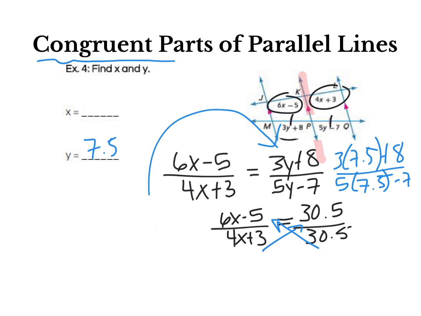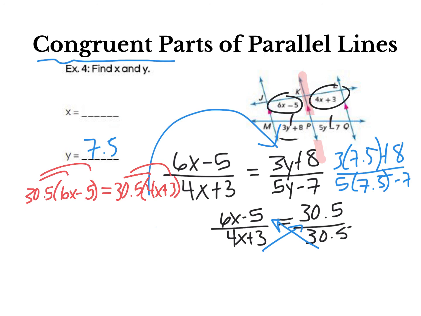The biggest thing here is, do you know how to set up a proportion? Right, I have 30.5 times 6x minus 5. And on the other side, when you cross multiply, you have 30.5 times 4x plus 3. So we distribute, and we just continue solving for x.